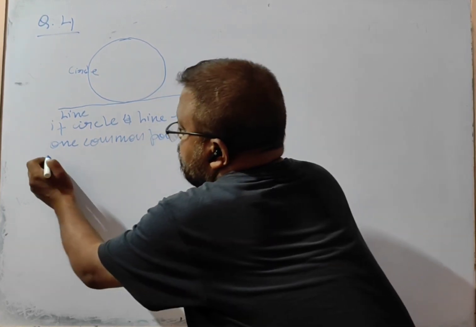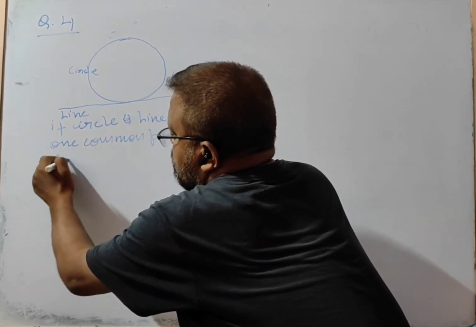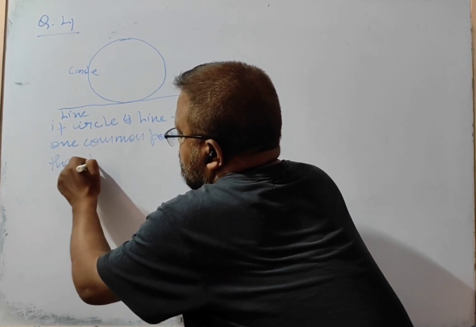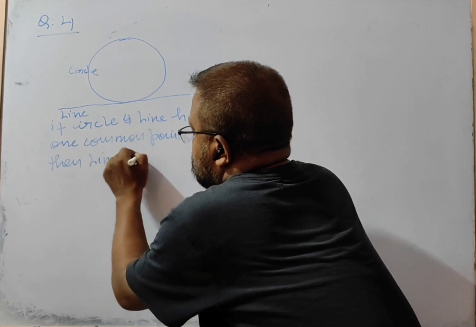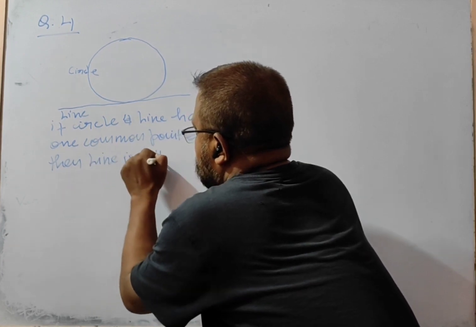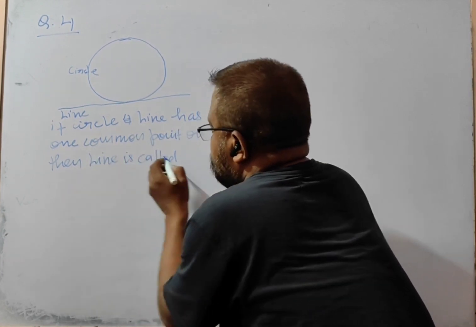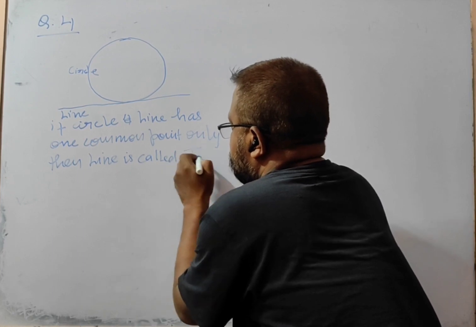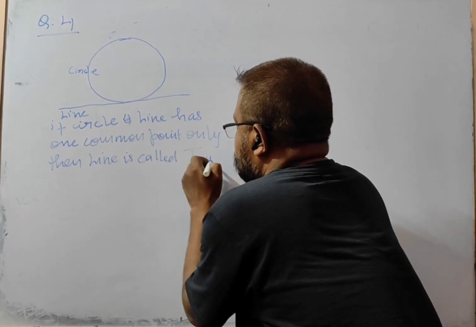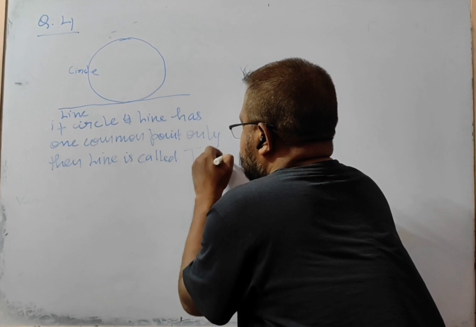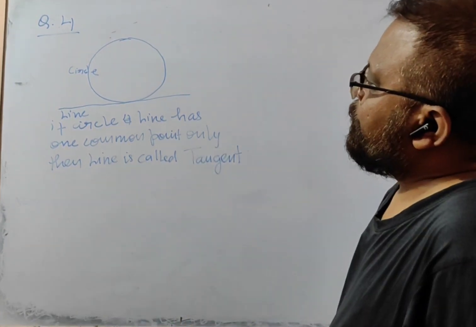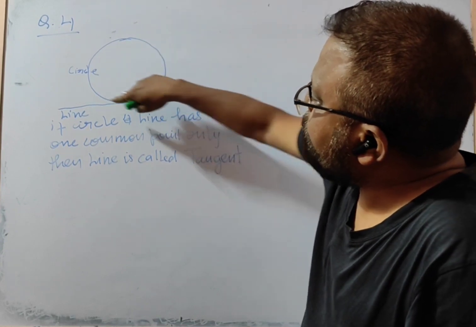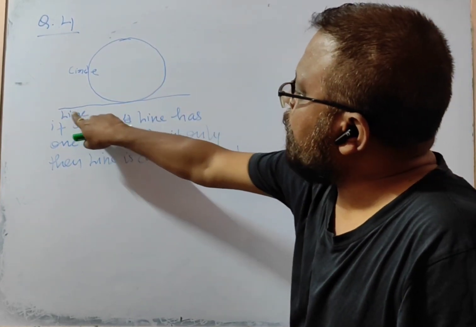then the line is called a tangent. Tangent, right? So this is the circle and this is the line.